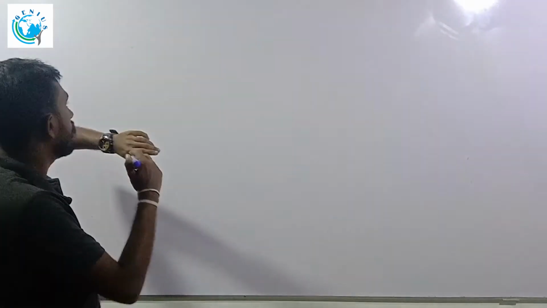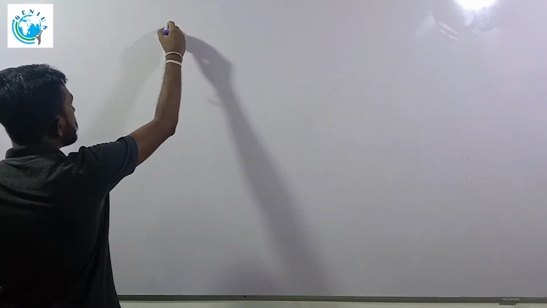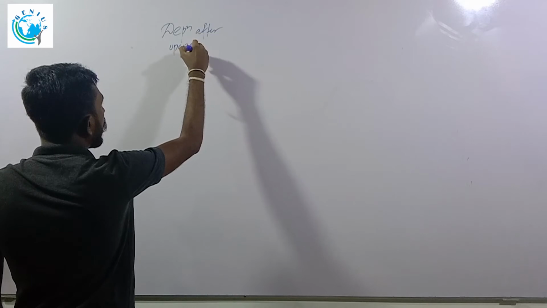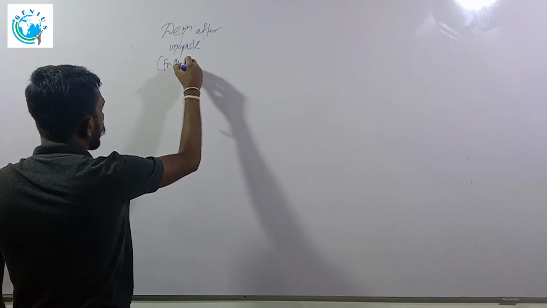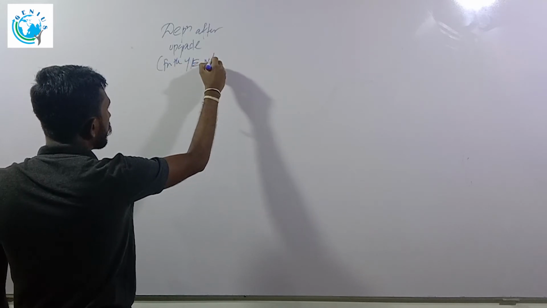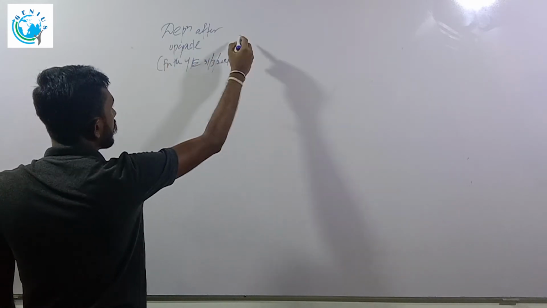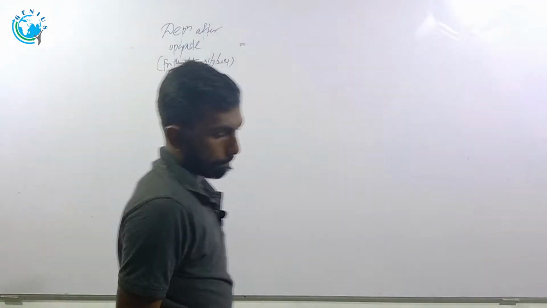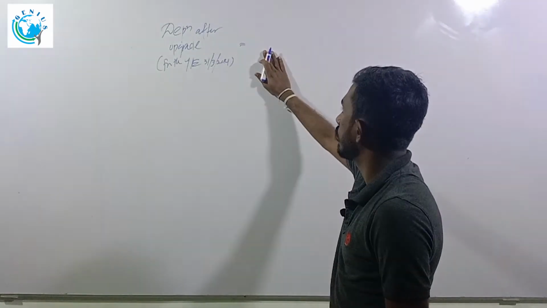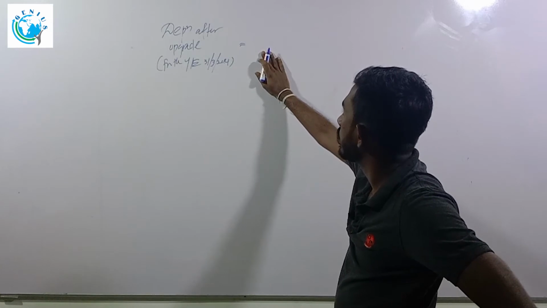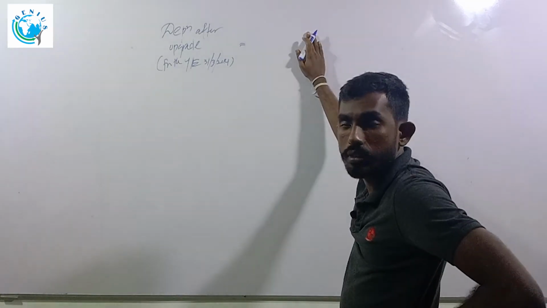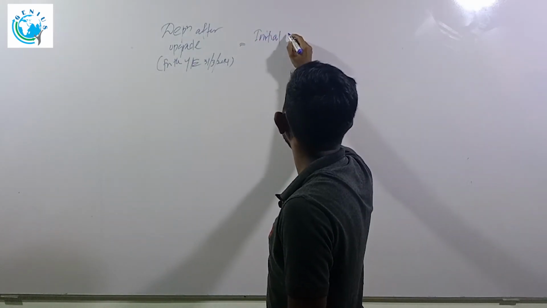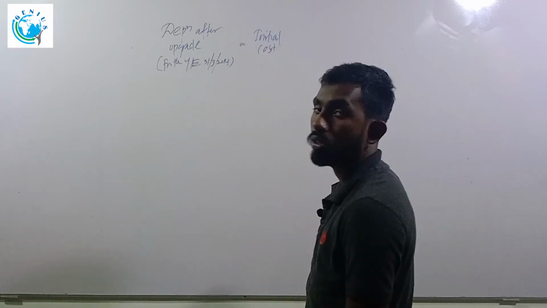Now we are going to calculate the depreciation after the upgrade, or let's say for the year ended 31/3/2015. Okay. Now, first of all, you have to take the initial cost of the machine.